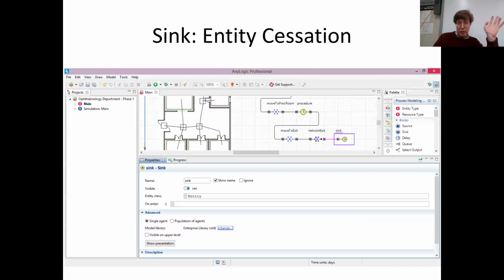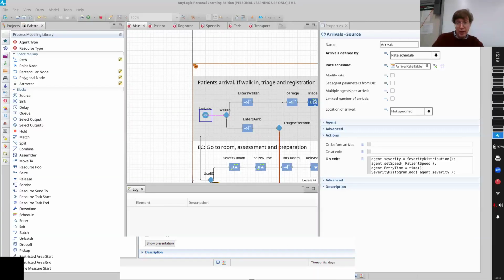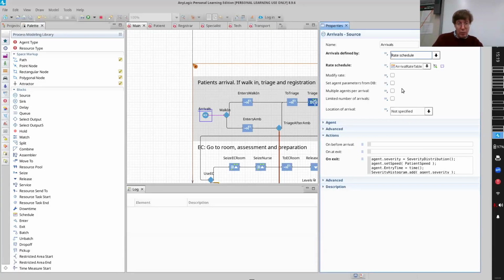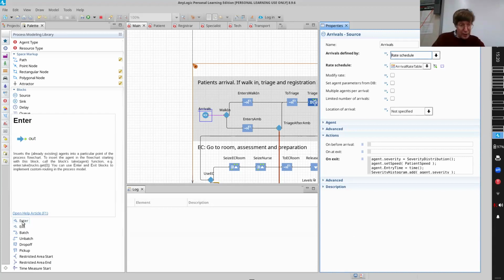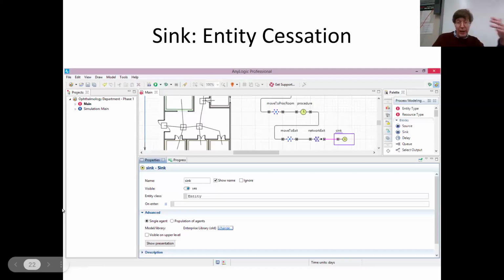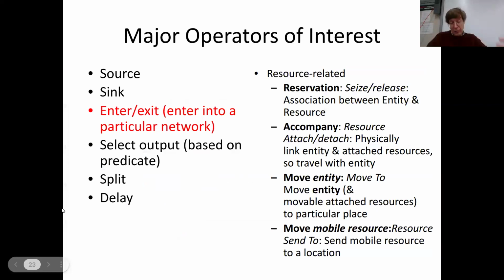Sinks, not surprisingly, lead to agents departing the system. And again, within that departure, we would handle it differently. I believe we'd use enter and exit if this is a hybrid model. So agents who wish to enter this we would have an enter at the beginning and exit at the end, so those agents wouldn't be absolutely deallocated or sort of deleted from the model.